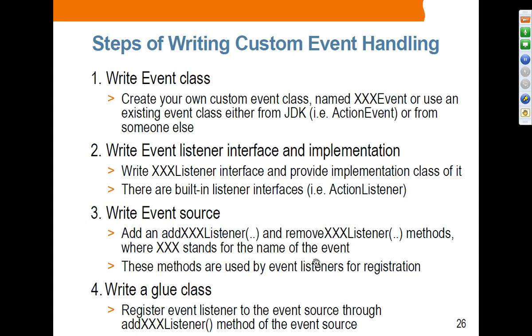Again, xxx stands for the name of the event. These add methods are used by event listeners for registration. And then you're going to write the glue class. This is basically for testing purposes. It registers the event listener to the event source by having the event listener call add xxx listener of the event source. Okay, all right.